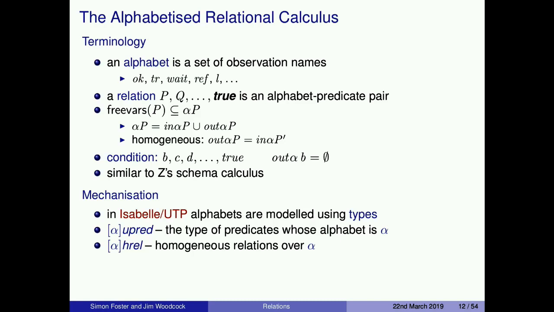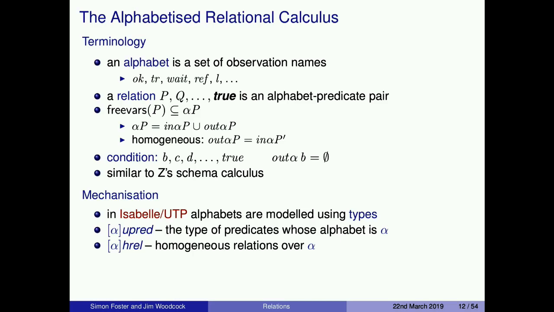But consequently, in Isabelle UTP, these two concepts, relations and conditions, are denoted by these two types, which unhelpfully are written the other way around. So you have a type of predicate. In this presentation, I use these square brackets to denote that alpha here is a type variable.